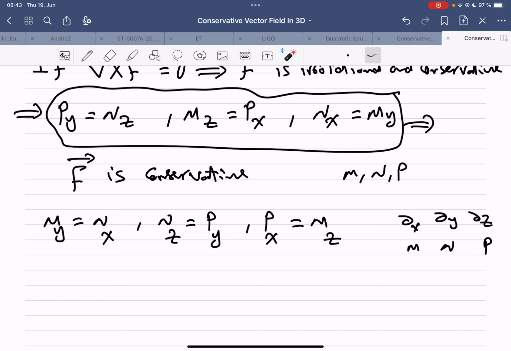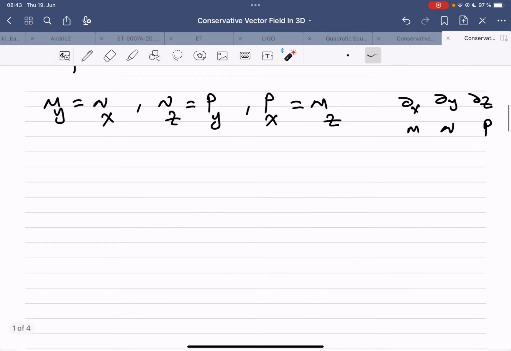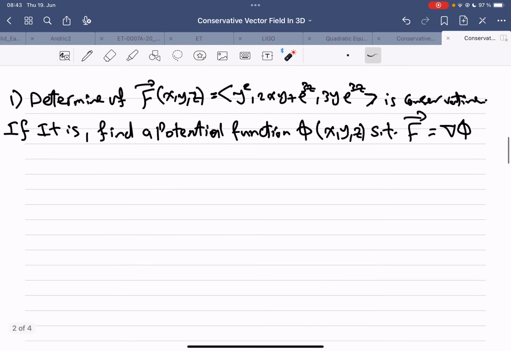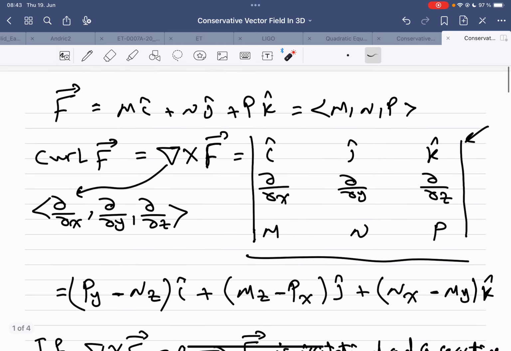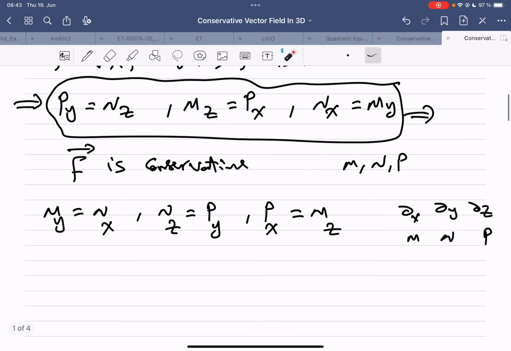Now let's try to solve some examples. Next thing we will do, if F is conservative, we need to find phi.